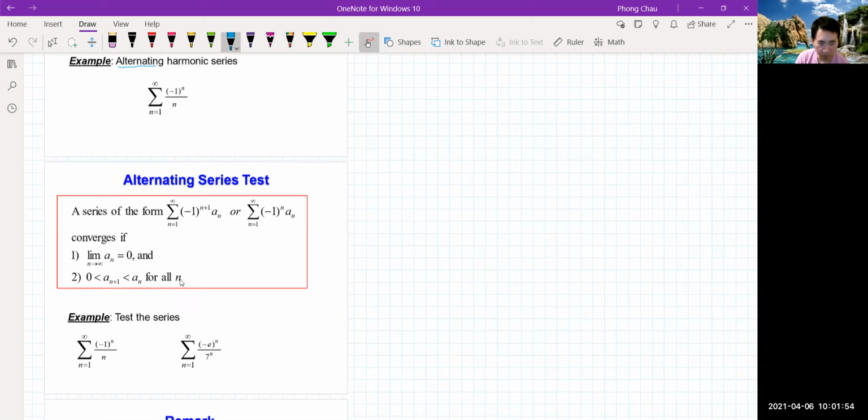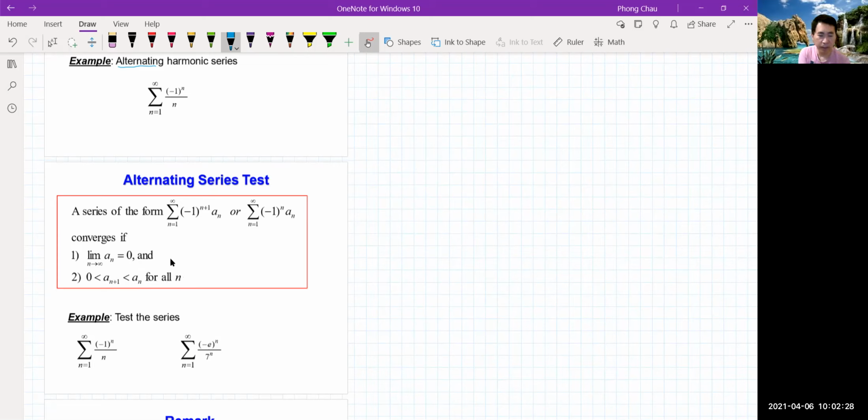What this means is, if you plug in 1, a1 is bigger than a2. Plug 2 in, then a2 is bigger than a3. Plug 3 in, a3 is bigger than a4. So again, what this statement means is the term is decreasing: 1/2, 1/3, 1/4, 1/5. Equivalently, we're saying that the sequence is actually decreasing.